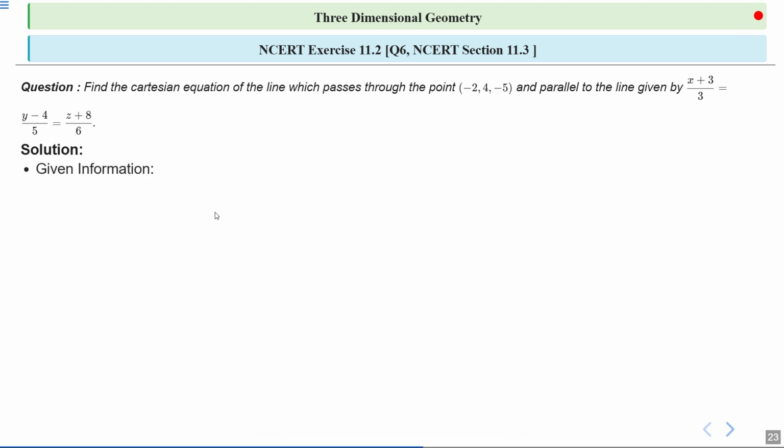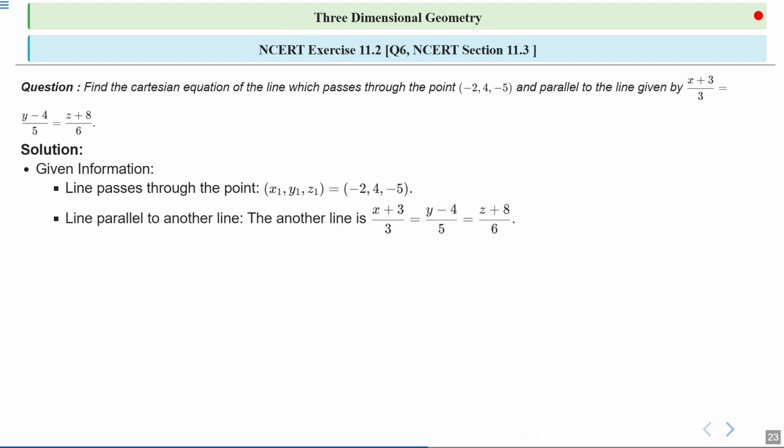The given information: the line passes through the point x1, y1, z1 equals -2, 4, -5. And now notice that our line is parallel to another line, which is given in symmetric or Cartesian form, that is x plus 3 over 3 equals y minus 4 over 5 equals z plus 8 over 6.